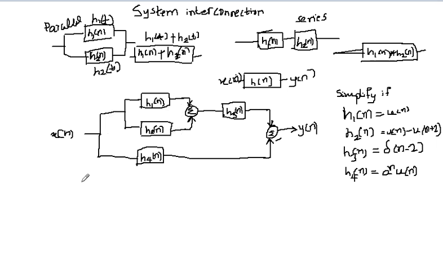So our h of n, the total transfer function of the system, is equal to: these two are in parallel, so these can be written as h1 of n plus h2 of n.